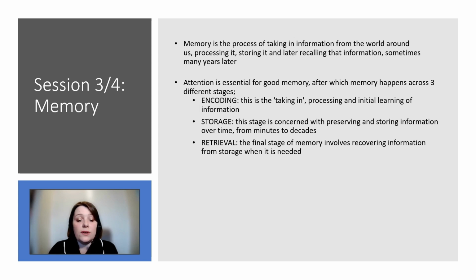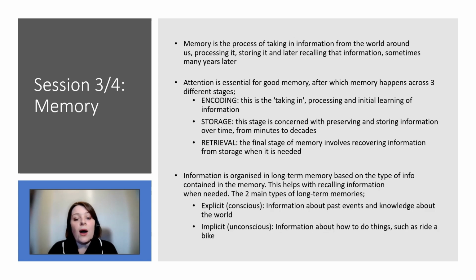So these were encoding, which is the process of taking in the information, processing that information, and the initial learning of information, where attention is really important. Storage, which is the stage concerned with preserving and storing information over time, which can be from minutes to decades. And retrieval of information, which is the final stage of memory and is involved in recovering information from storage when you need it.